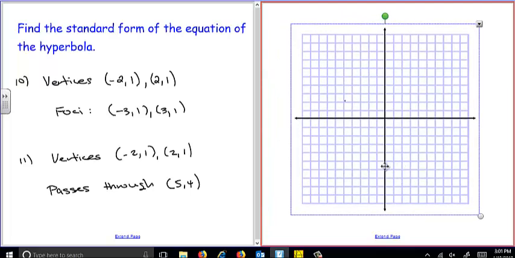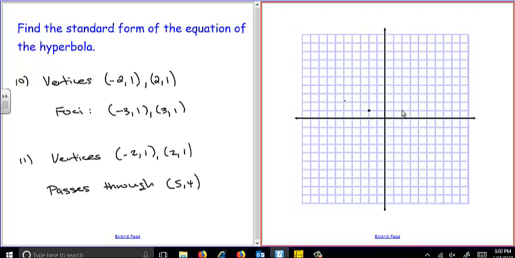Okay, let's plot these points. So we have -2, 1 and +2, 1. Those are the vertices, and the focal points are here, -3, 1 and +3, 1. So you see it's horizontal.